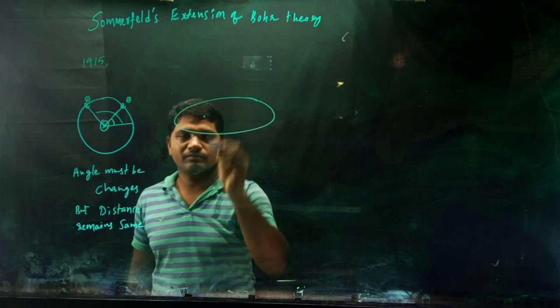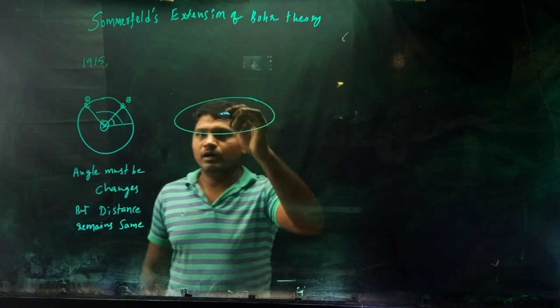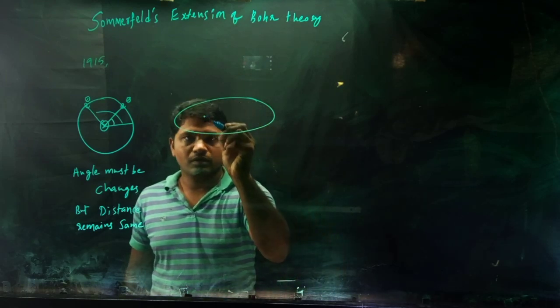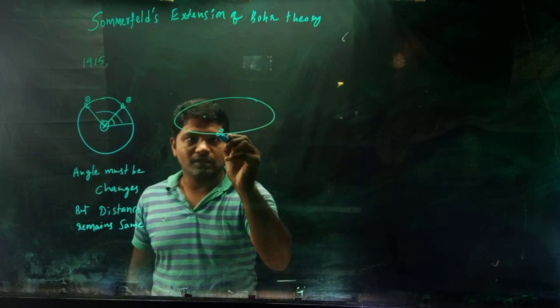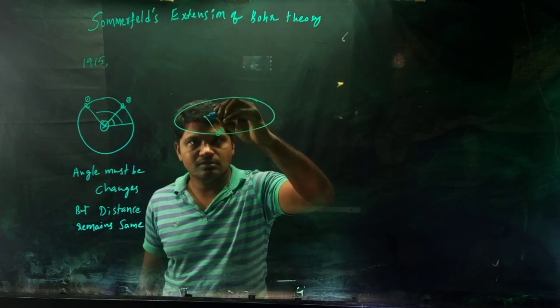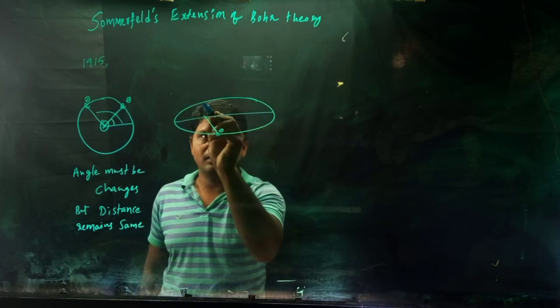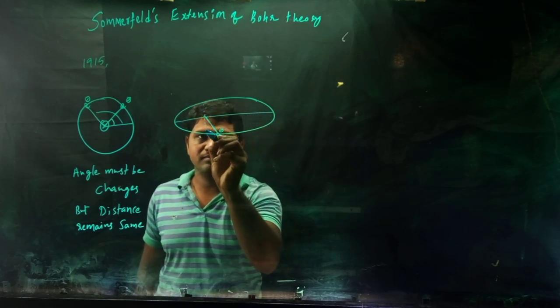When we observe the elliptical orbit, these are the foci; we call each a focus. When the electron is at this instant, the distance and the angle change. This is the major axis and this one is the minor axis.